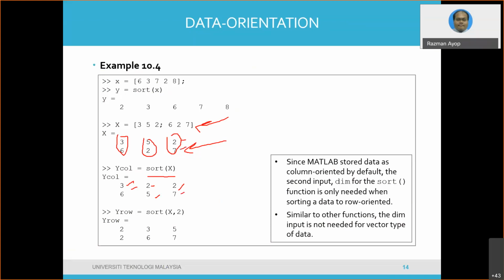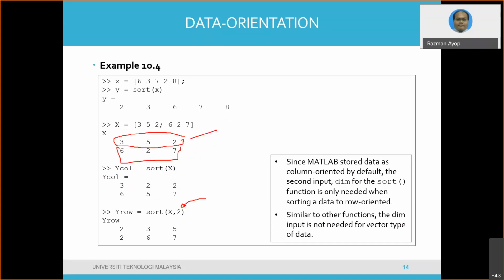Okay, and then let me delete this first. If you put 2, remember 2 means that you analyze according to row. So if you analyze according to row, it will look at this and this.